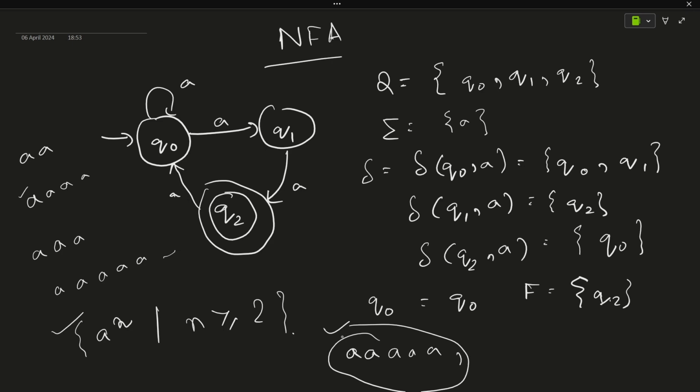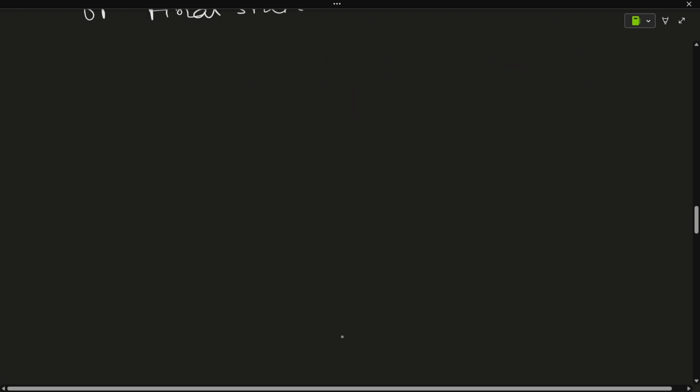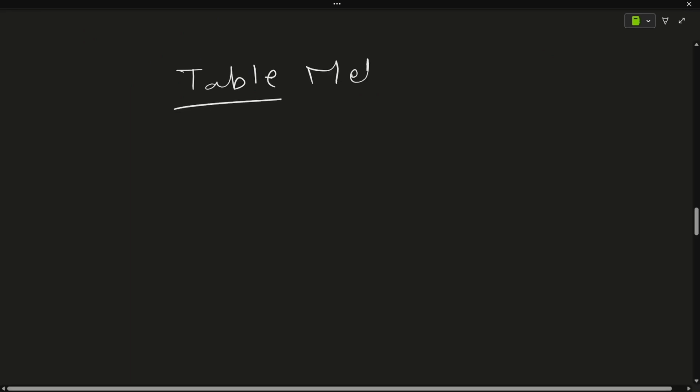Let's discuss what the table method is. We have discussed the STD, the state transition diagram. The table method is nothing but representing the states in terms of a table.